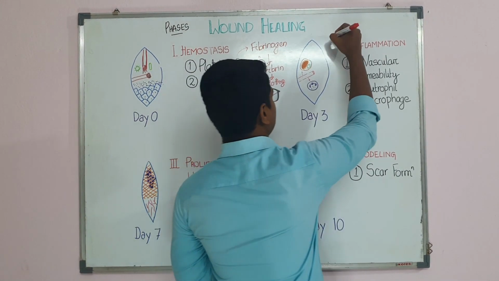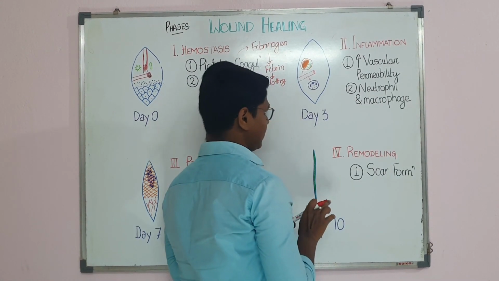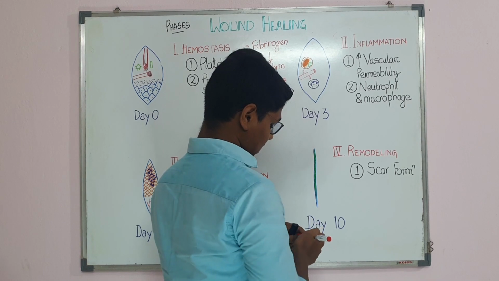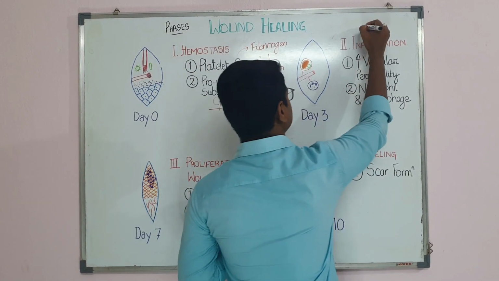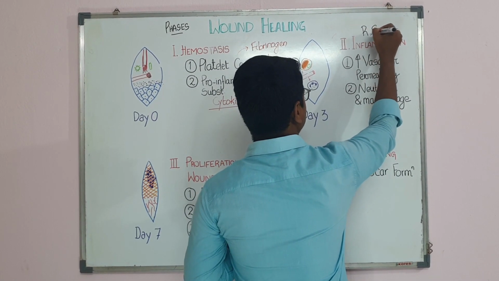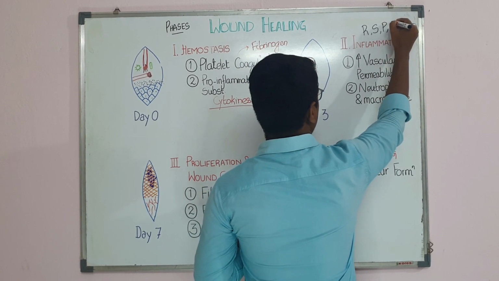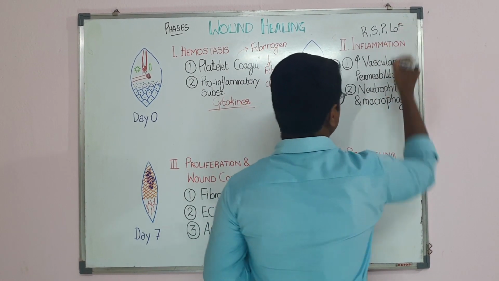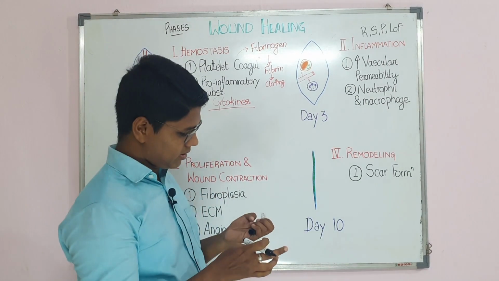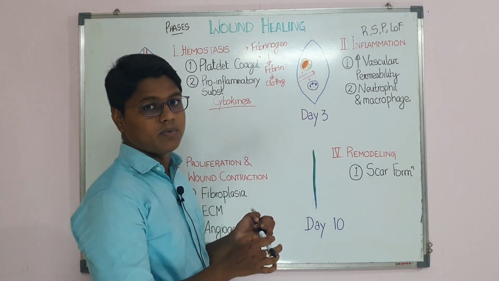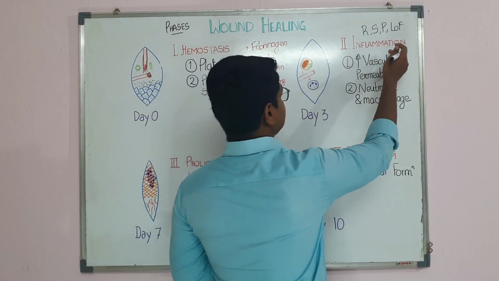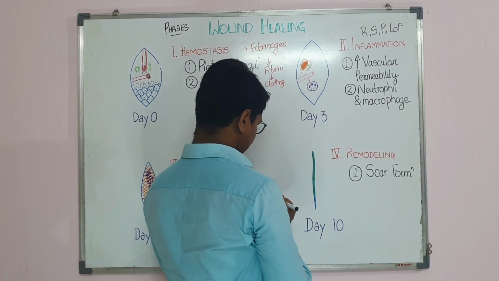There will be inflammation. You know the signs of inflammation, that is redness, swelling, pain and loss of function. You may know them as rubor, calor, dolor and functio laesa. This is inflammation. So what will happen in inflammation?